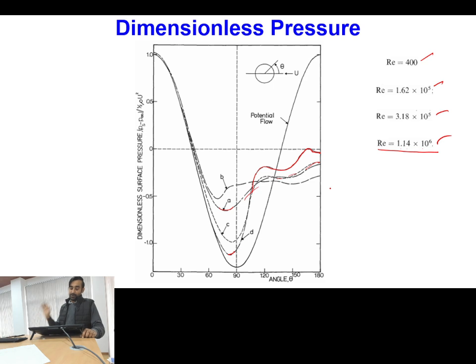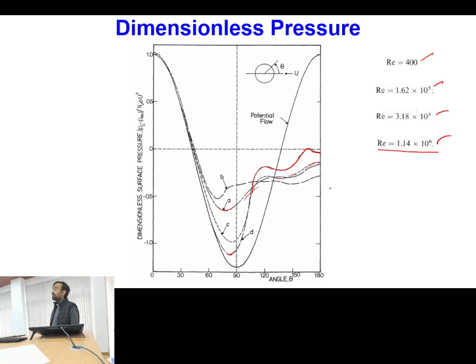Okay, but one important point is, in case of flow over a sphere, when my pressure recovery is decreasing, in the total drag force, which component is contributing more, form drag or skin friction drag? If pressure recovery is less, form drag will be dominating.